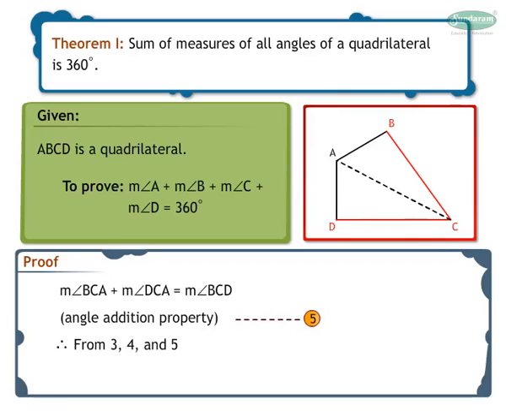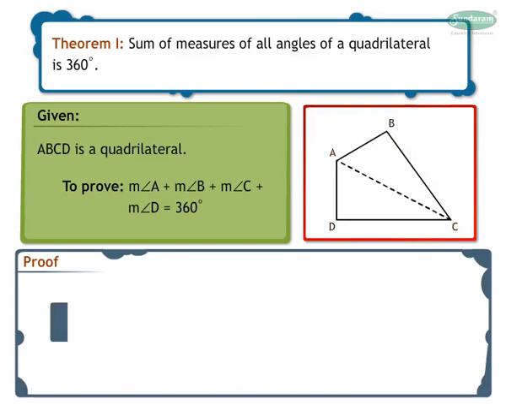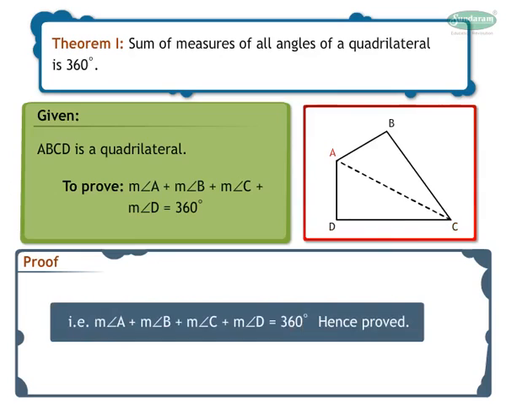Therefore, from statements 3, 4 and 5, we get measure of angle BAD plus measure of angle ABC plus measure of angle BCD plus measure of angle ADC is equal to 360 degrees. That is, measure of angle A plus measure of angle B plus measure of angle C plus measure of angle D is equal to 360 degrees. Hence proved.